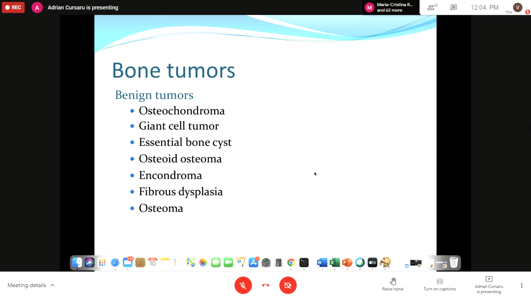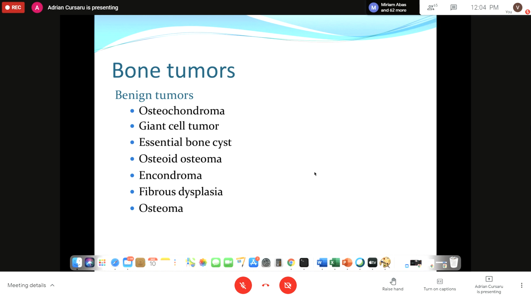We have to know the characteristics of the benign tumor and establish from the imaging findings a presumptive diagnosis between benign and malignant tumor. And it is very important to know the correct treatment. It depends on benign or malignant lesions.